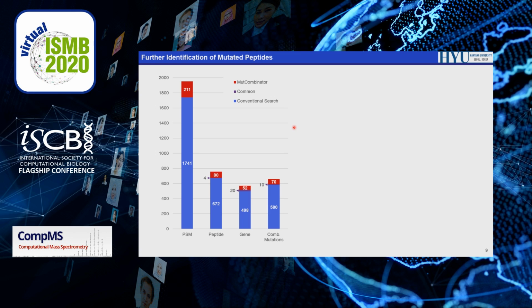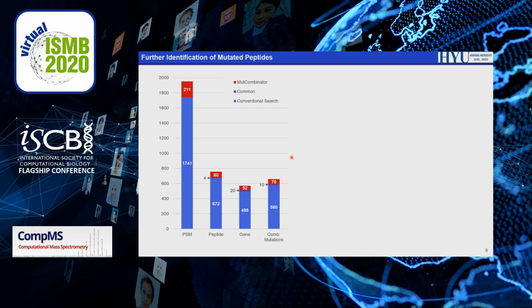When it comes to mutated peptides in the coding regions, we could additionally identify 211 PSMs, 80 peptides, 52 genes, and 70 combinations of mutations.